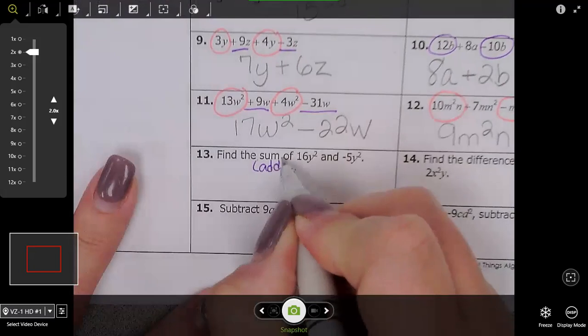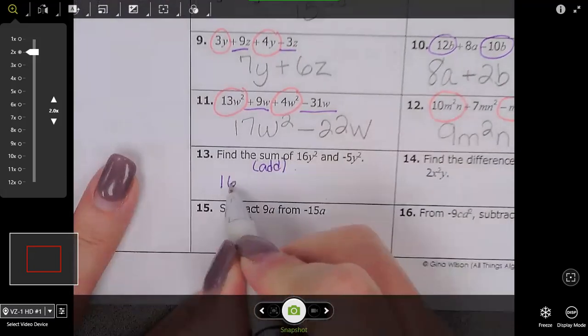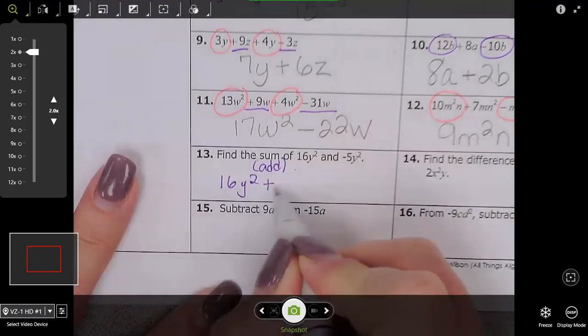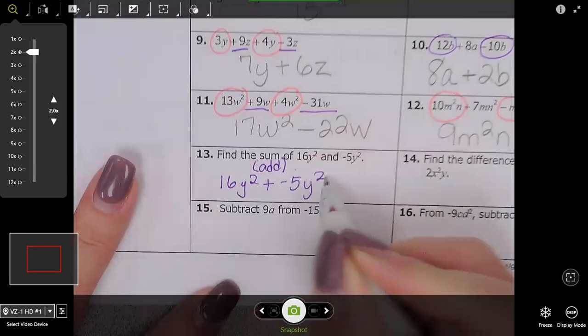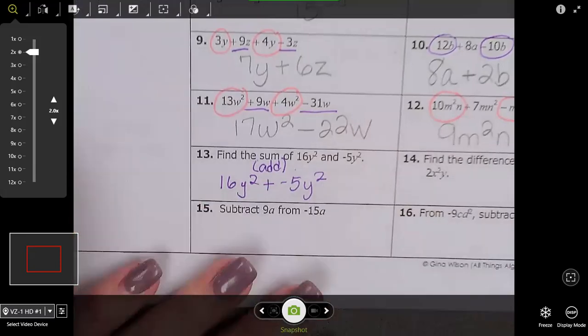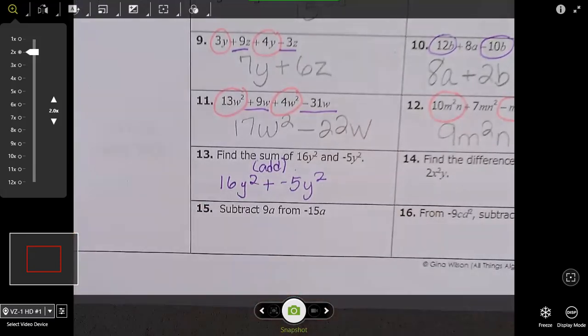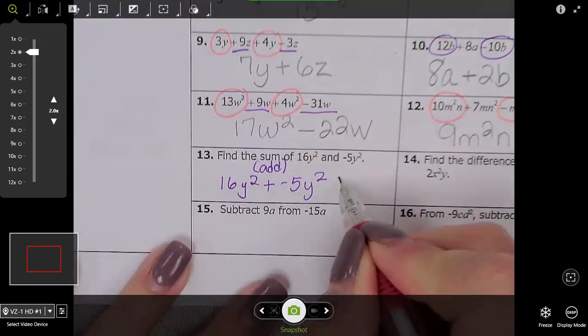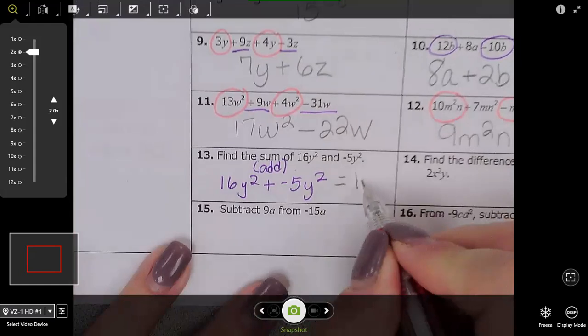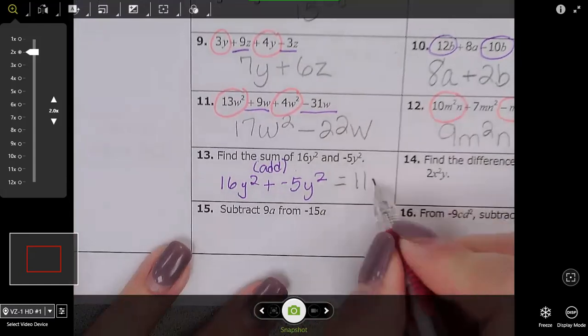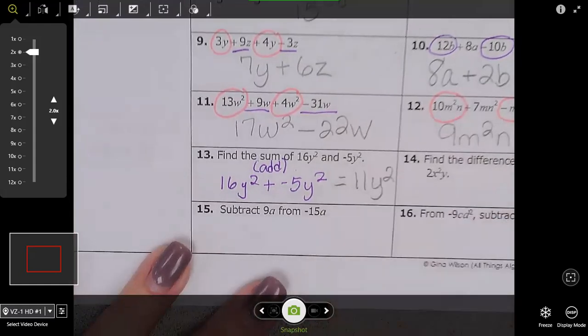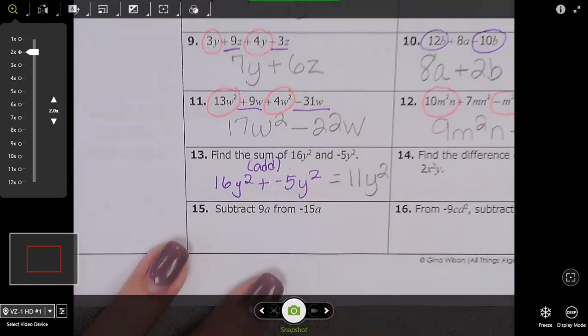So we're just going to add those. 16y squared plus negative 5y squared. Okay, so you can write the problem down if you want, or you don't have to. But what is 16 minus 5? 11, and we do nothing to the variable and the exponent.